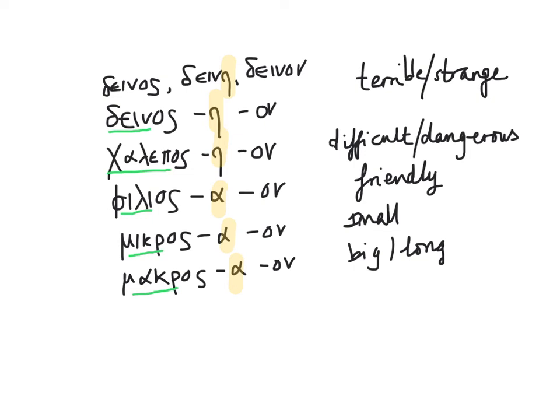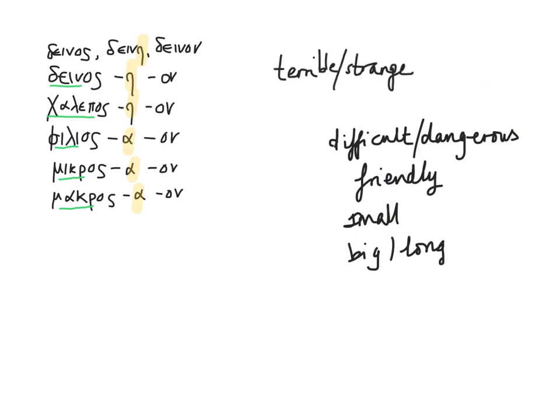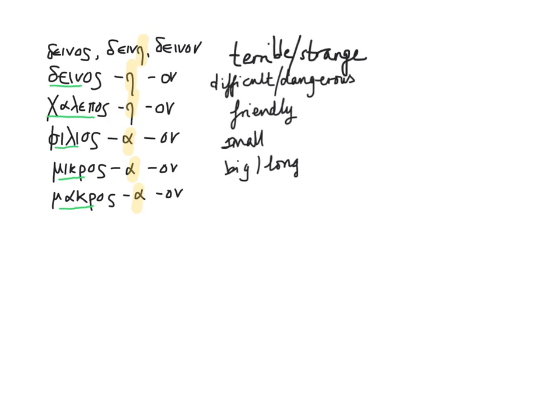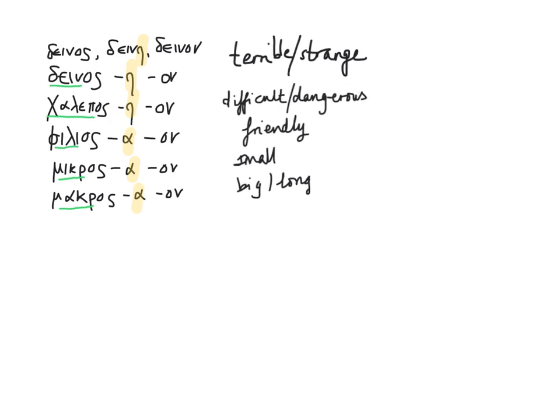Let's see some of these new adjectives in action. We'll just move their meanings out of the way so that they're there for reference. And that gives us space for some sentences. Here's our first one.